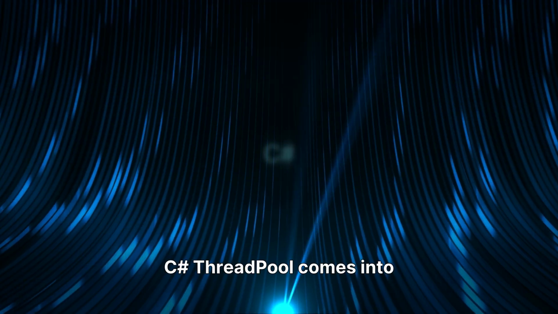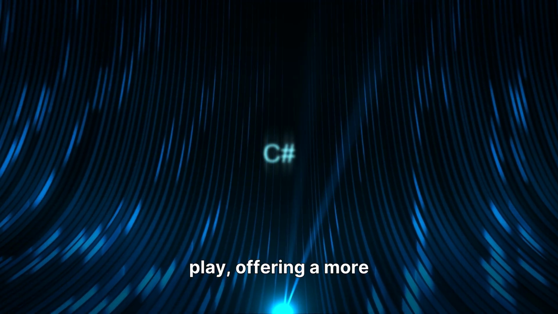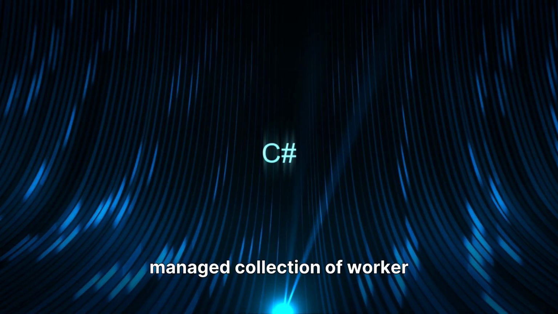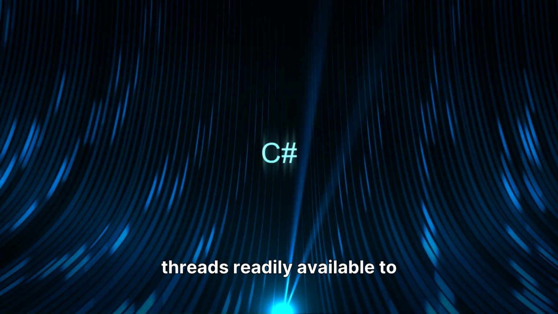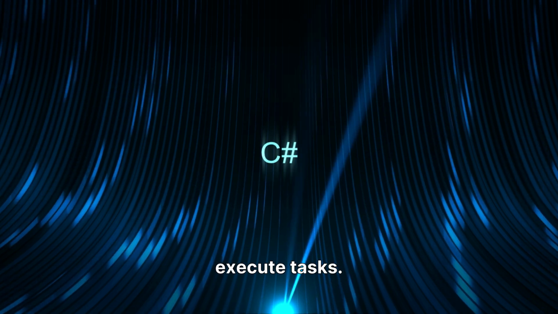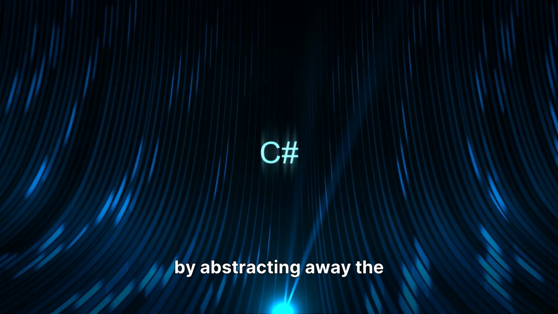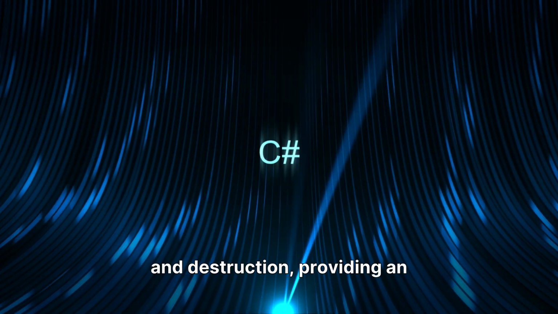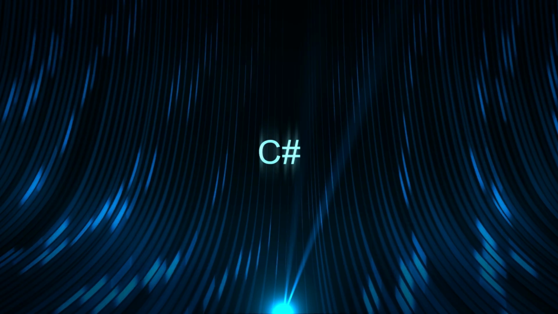This is where the C# thread pool comes into play, offering a more efficient way to manage worker threads. The thread pool is a managed collection of worker threads readily available to execute tasks. It simplifies thread management by abstracting away the complexities of thread creation and destruction, providing an optimized approach to concurrent operations.